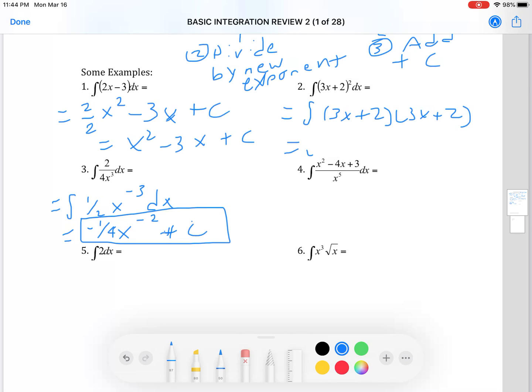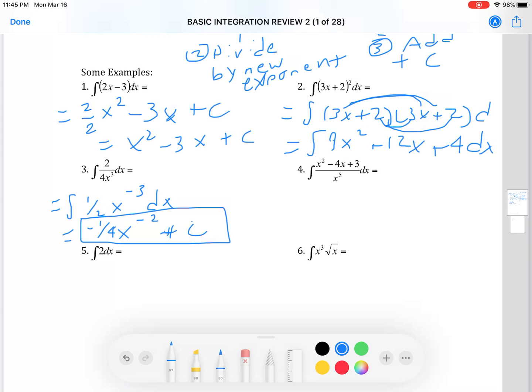So I would just suggest doing a box method or a distribution. Let's see, 3x times 3x is 9x squared, plus 6x plus another 6x, which is 12x, plus 4.